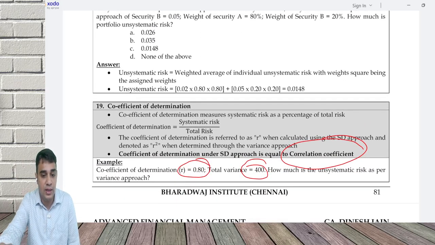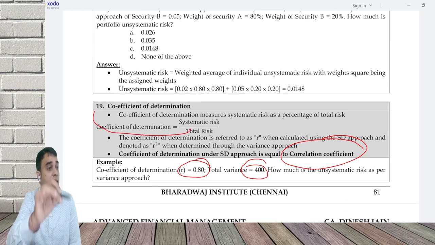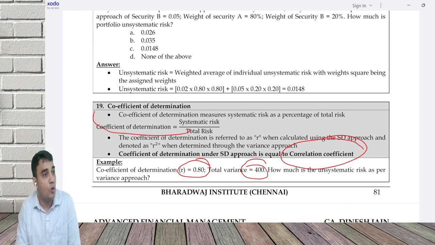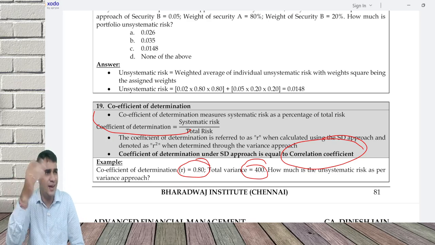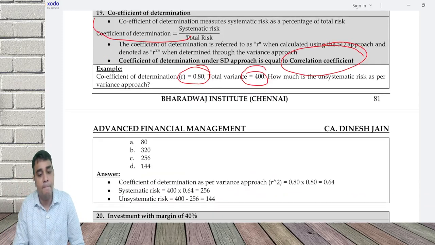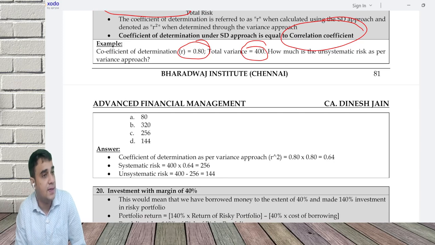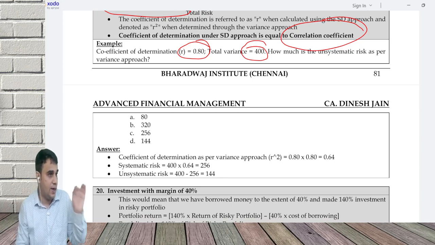Total risk into the coefficient of determination is equal to systematic risk. So I did the squaring and I get 256. The balance is unsystematic risk. Any doubts on this?